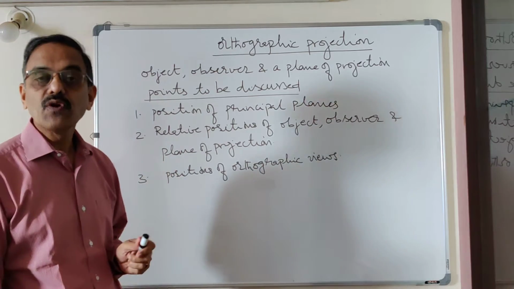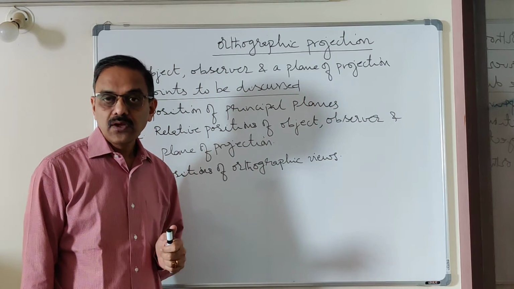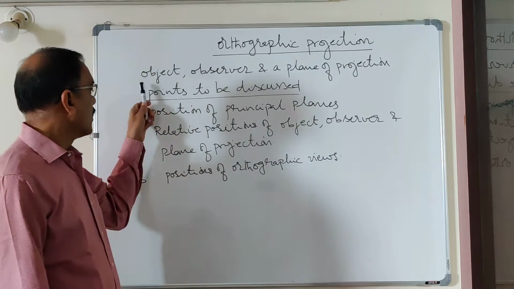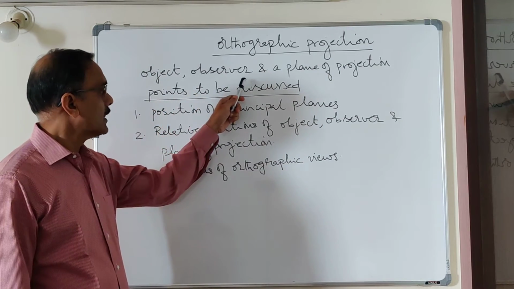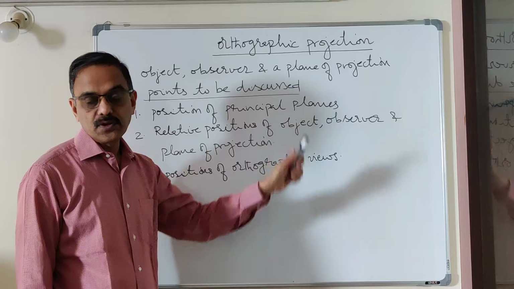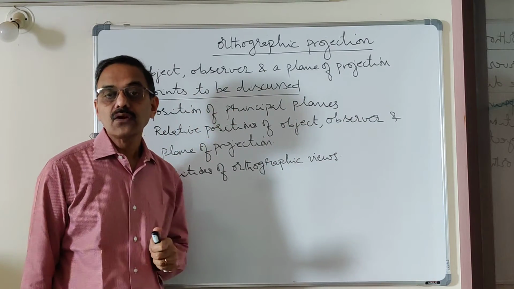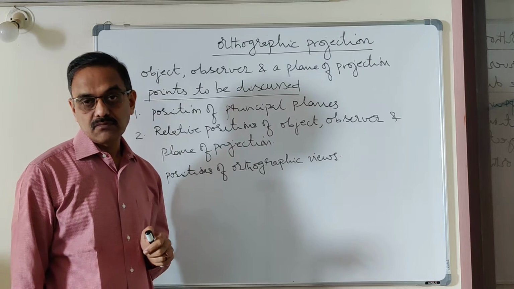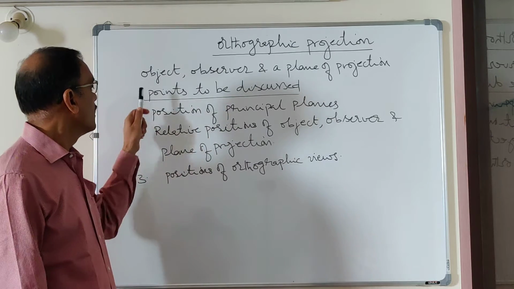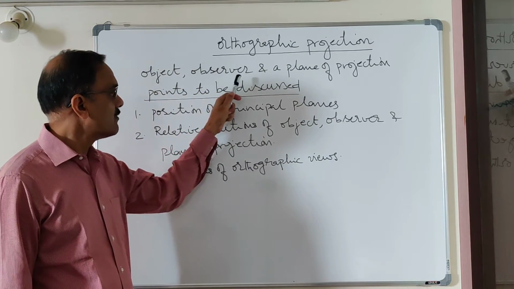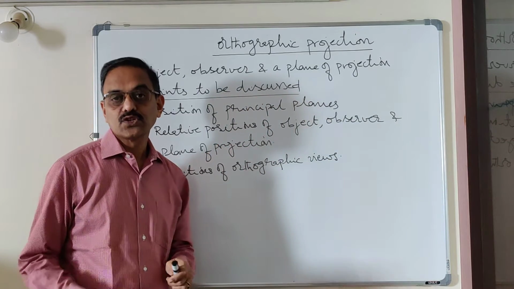But to explain it, you require an object, an observer and a plane of projection. These are the three things required for you to understand what an orthographic projection is.